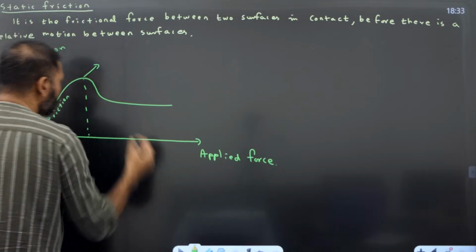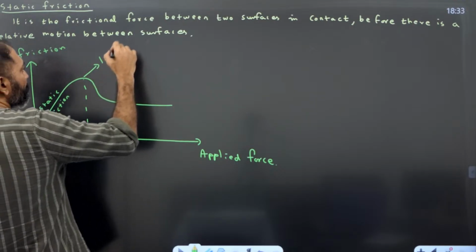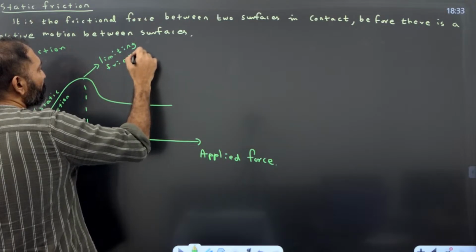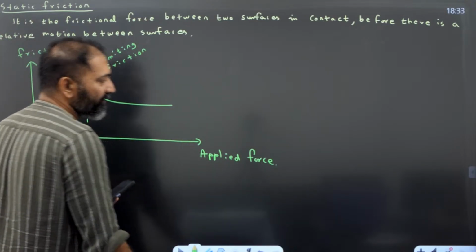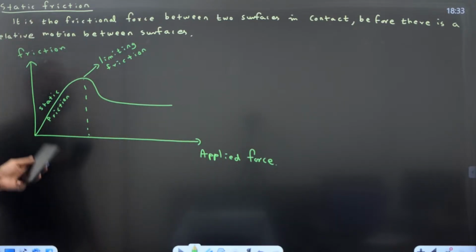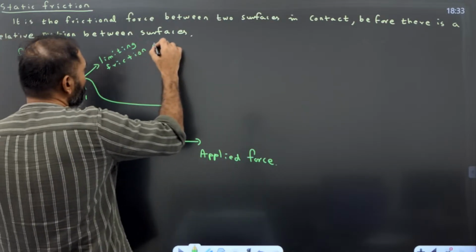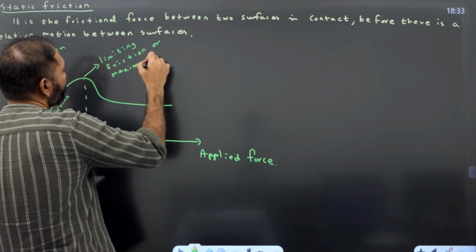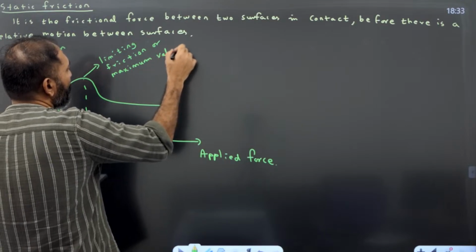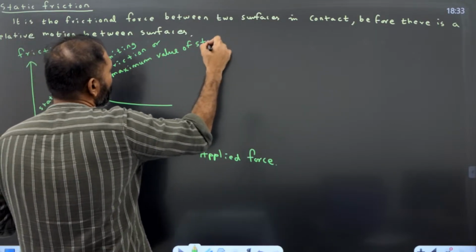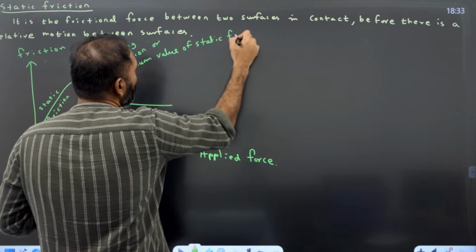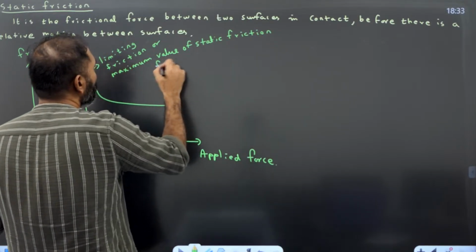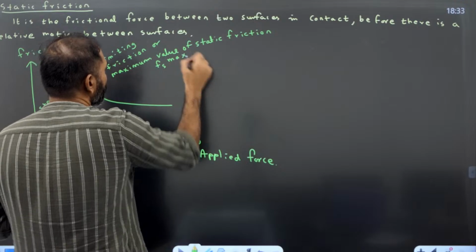This is called limiting friction, or the maximum value of static friction. It is denoted by Fs max.